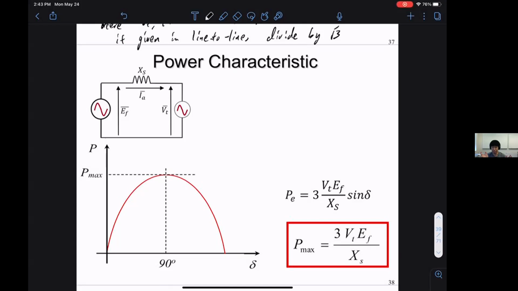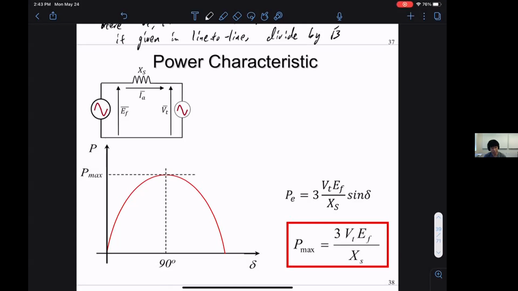So the circuit puts some limit on the amount of power you can transfer. If your voltages are set at a certain level, then there's a maximum power you can get to the rest of the system.